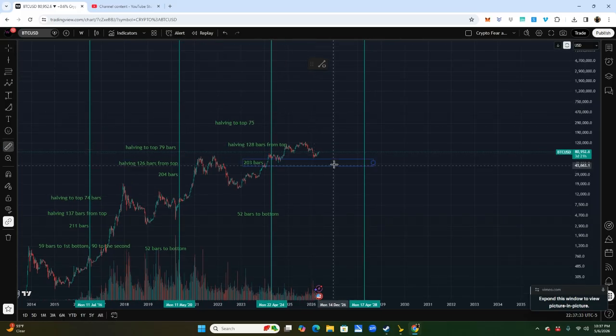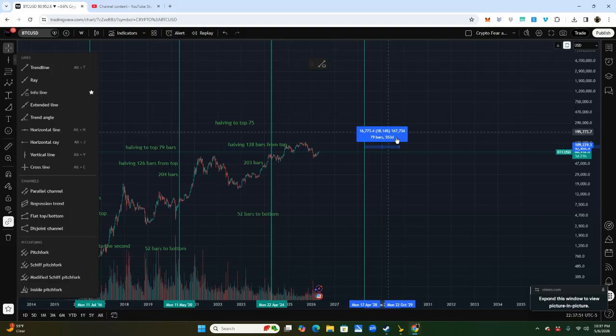So where does that bring us? 70 bars would bring us to August 2029, so August to October 2029.